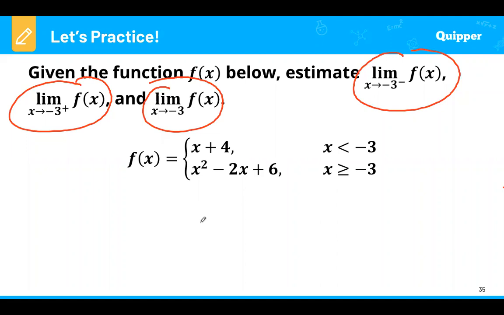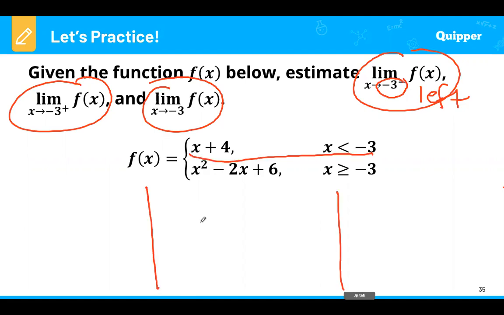The first one is, let us estimate the limit of f of x, where x approaching negative 3 from the left. That's because this one is negative, so left. So nasa yung left side natin, di ba? So this is less than. So we will use this one to find that.